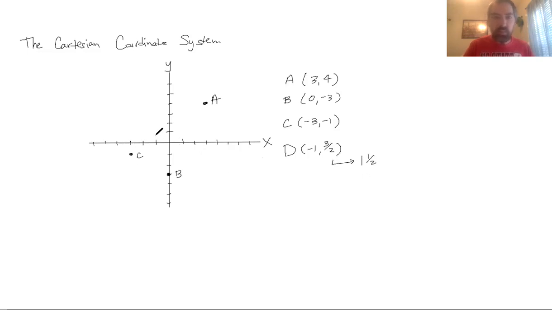So we're moving up 1 1/2. So it's going to be between those 2 notches, 1 and 2, somewhere between there. So we moved to the left 1, we moved up 1 1/2. And that is our point D. All right, if you got those right, give yourself a pat on the back for mastering the Cartesian coordinate system and plotting points.